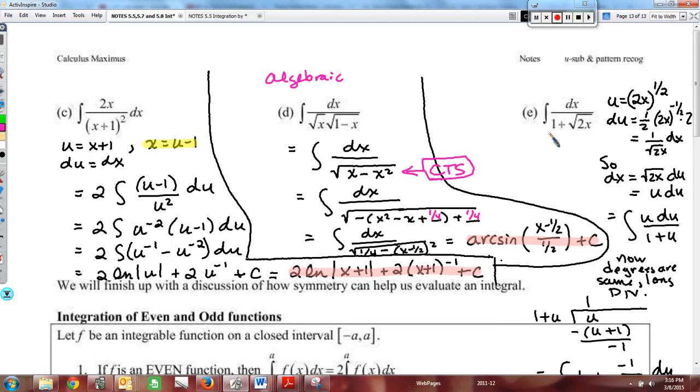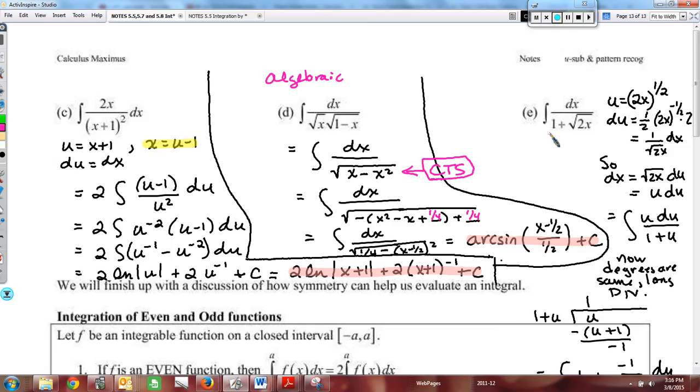It takes practice. The ones that are the basic ones, as soon as you see them, you'll know that's a log rule, that's a power rule, that's an inverse trig rule. Some of these other ones, it may take you a couple of tries in choosing a u, and you might go down some dead ends, but you will eventually figure it out. If it doesn't work with your first u substitution, try something else.